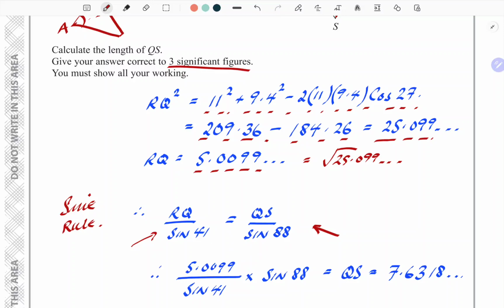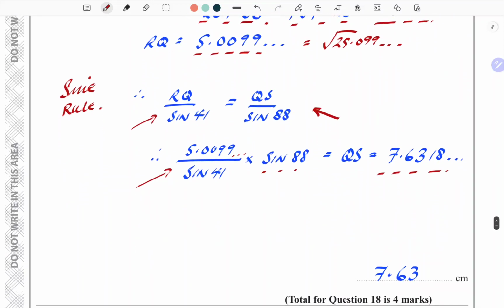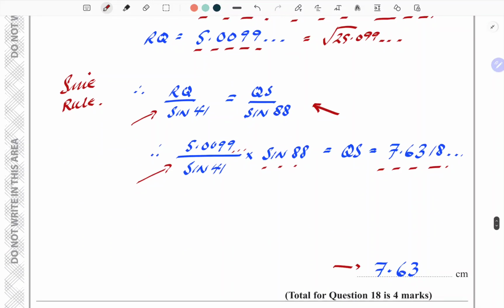Multiply the sine 88 across to the other side and put the numbers in. As you can see, 5.0099 dot dot dot divided by sine 41 times sine 88, and we get a value for QS of 7.6318, etc., and to 3 significant figures, the answer is 7.63.